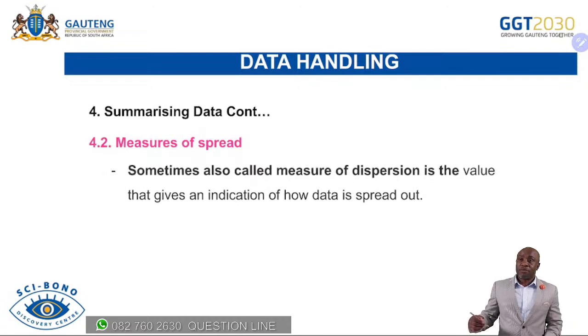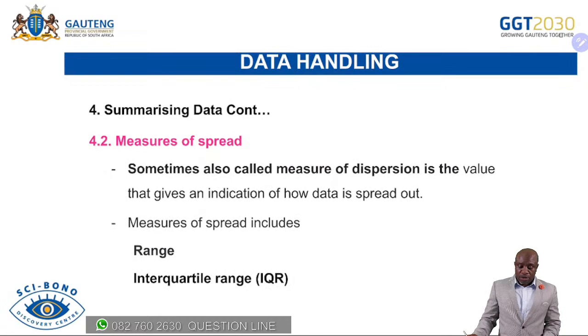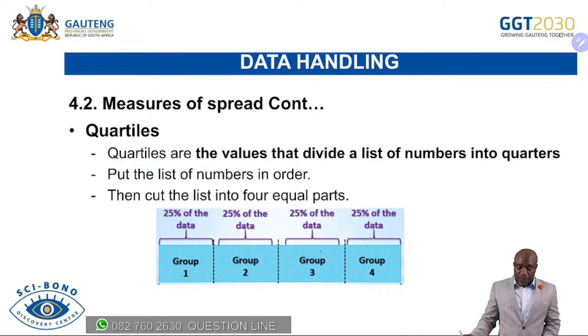We are going to look at the range and the interquartile range. These are the two measures of spread, and we're going to specifically look at the quartiles to determine the interquartile range.